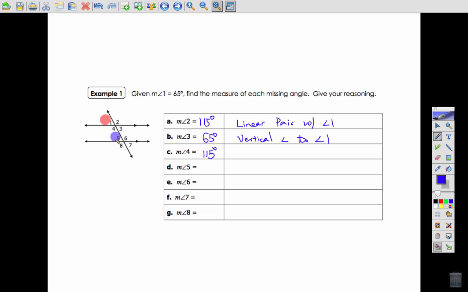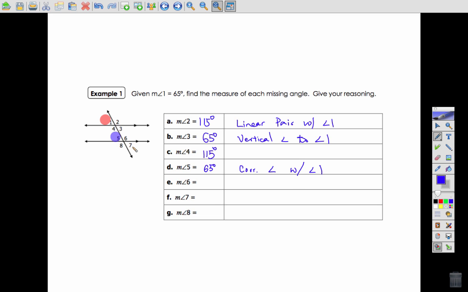They're both above their respective parallel lines, and they're on the same side, on the left side of the transversal. They're called corresponding angles, and they are congruent. So angle 1 is 65, so angle 5 must be 65.